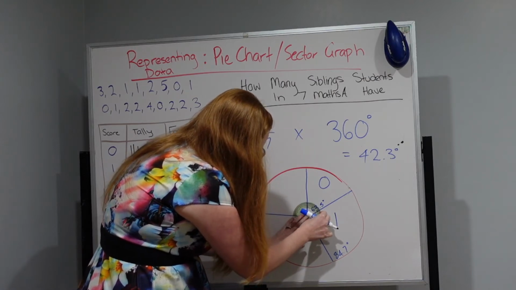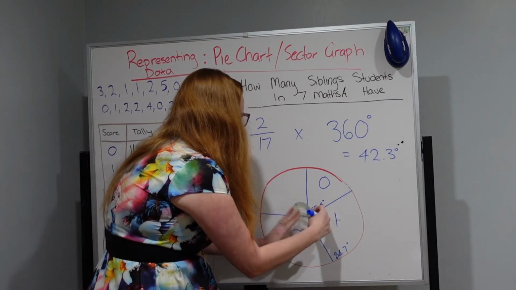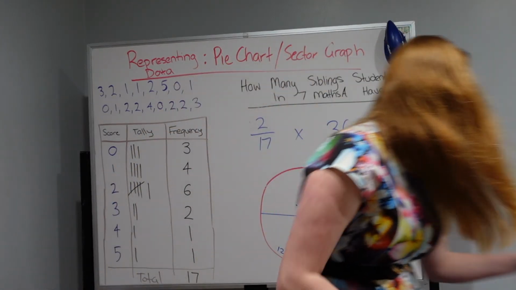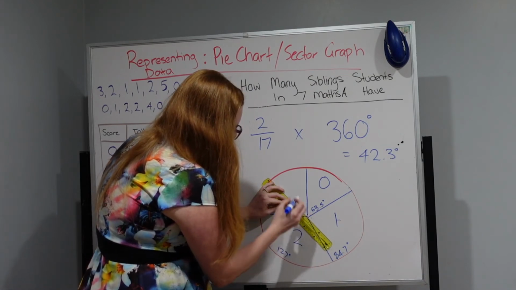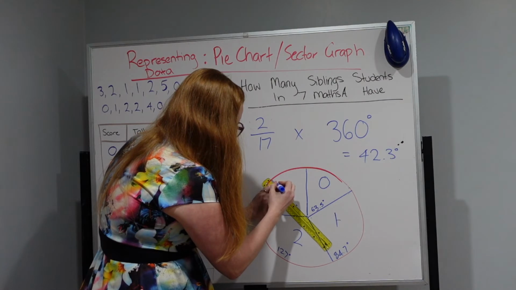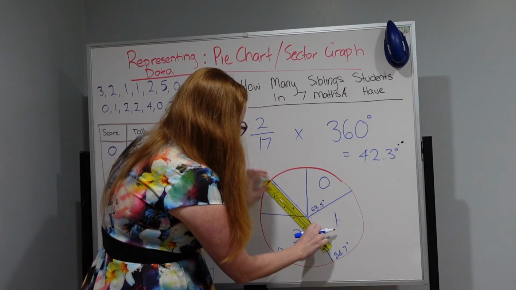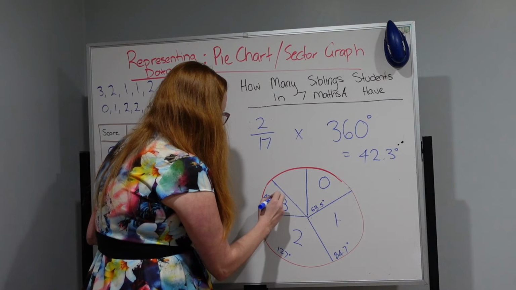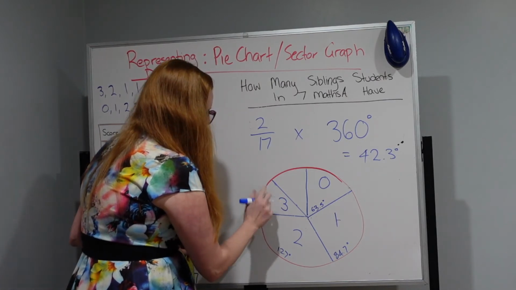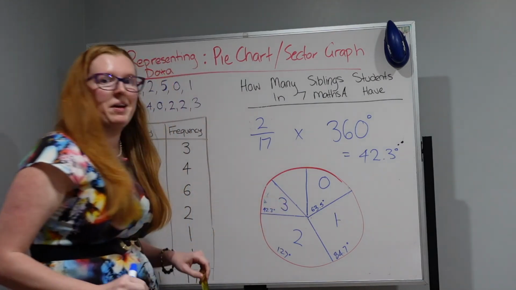There you go. 42 looks to be, that's 40, so 42 would be about there. Awesome. Doing this in whiteboard marker was probably not a good idea because it's just rubbing out, but that's okay. Right, and that's option 3, and that was 42.3 degrees.